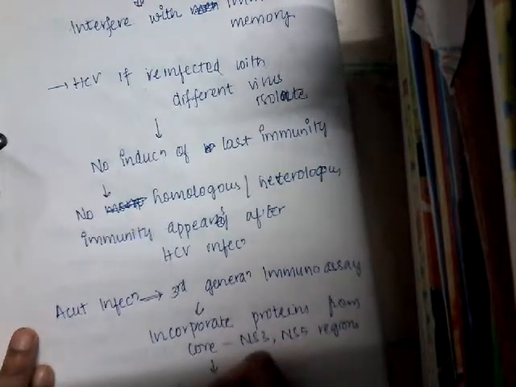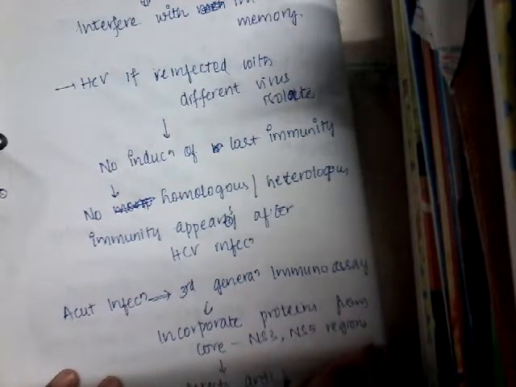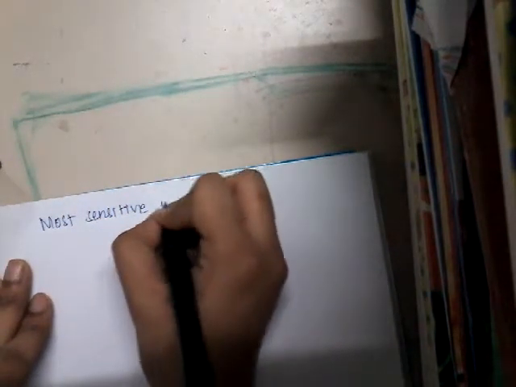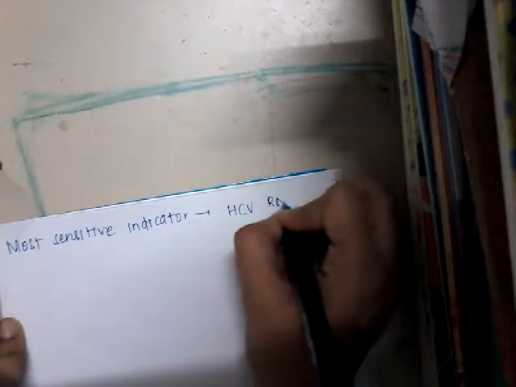Thus it detects anti-HCV antibody for acute infection. And the most sensitive indicator is the presence of HCV RNA.